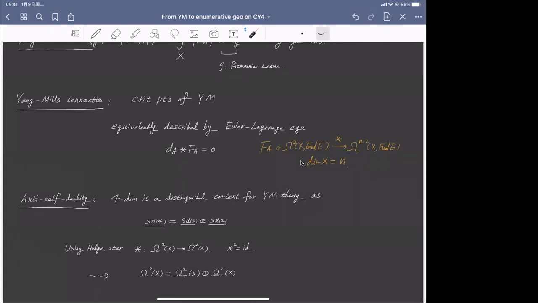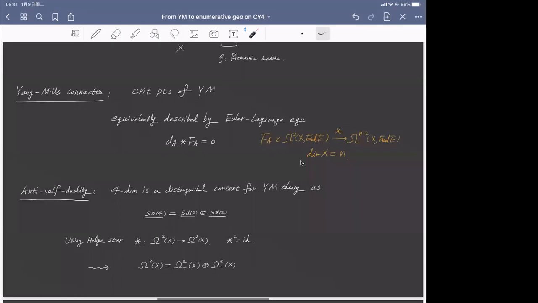So we consider the space of 2-forms. We can define the Hodge star operator, which maps 2-forms to (n-2)-forms, but now the dimension is 4, so it maps back to the space of 2-forms. So this becomes an endomorphism of this infinite dimensional space, and you can easily check that this star is an involution, in the sense that its square is the identity.